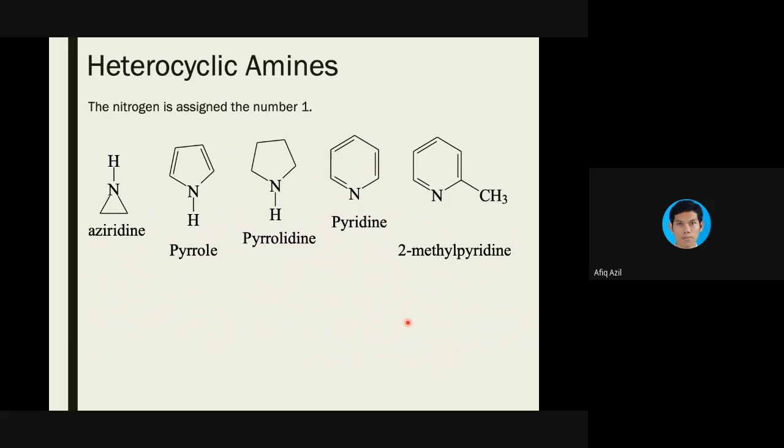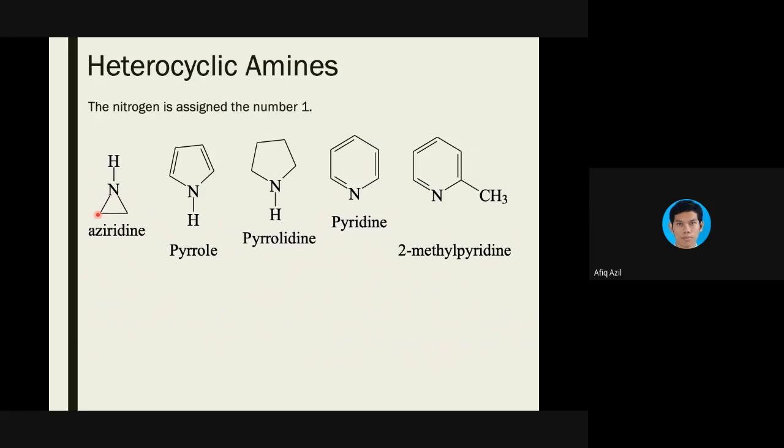This is just to show what heterocyclic amines are. Heterocyclic amines are those where the nitrogen is a part of the cyclic structure, in which it is not a substituent bonded to the carbon, but is part of the ring. Here we have an example of a 3-membered ring.